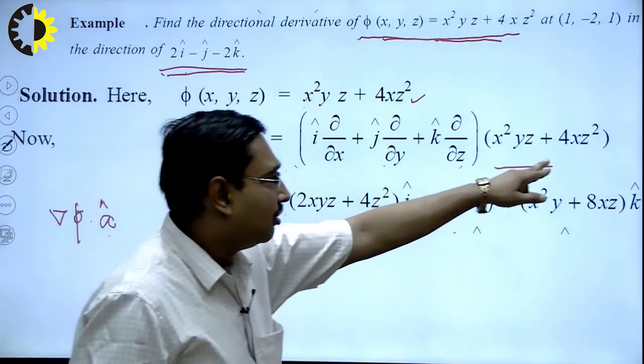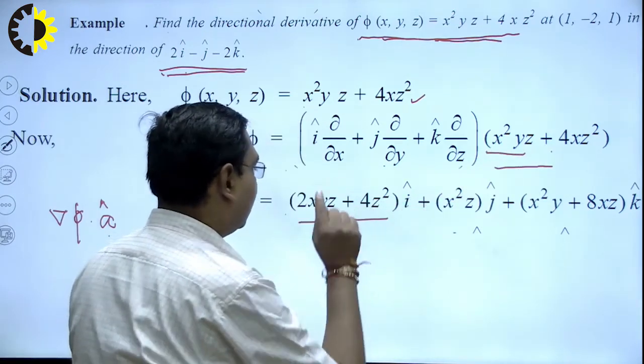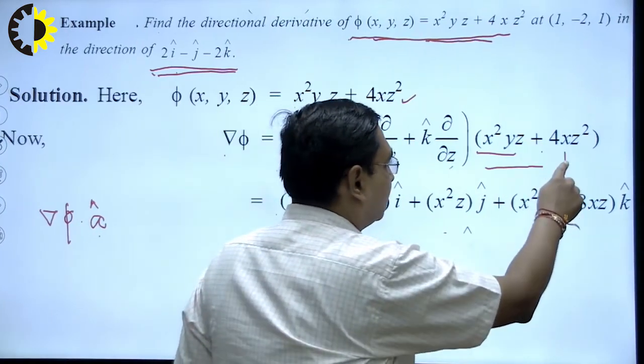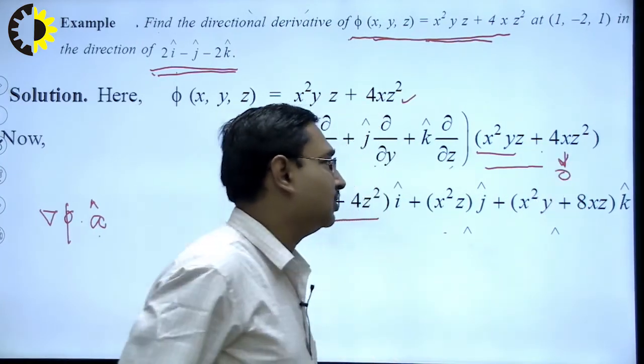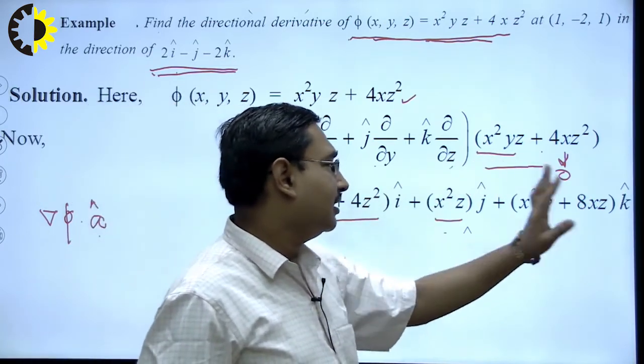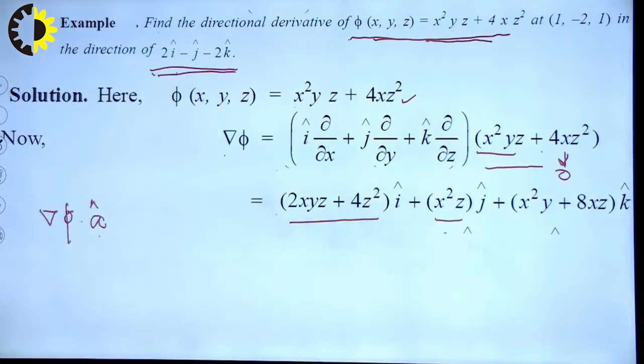Del by del x of the first term will give 2xyz, plus 4z square occurring here. The derivative of it with respect to y, because there is no y term, will be 0. The first term gives x square z, and similarly the third term gives this value. It is the value of grad phi.